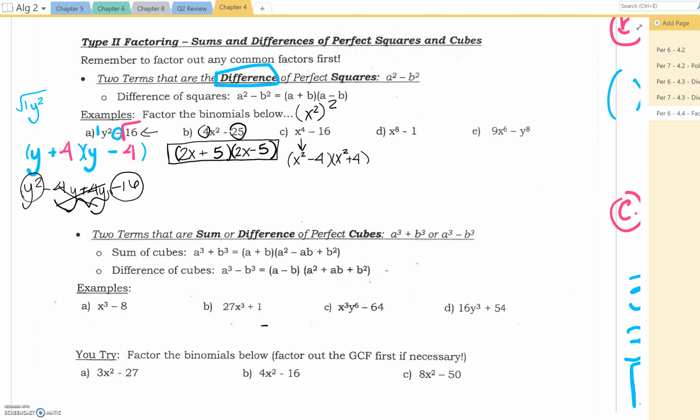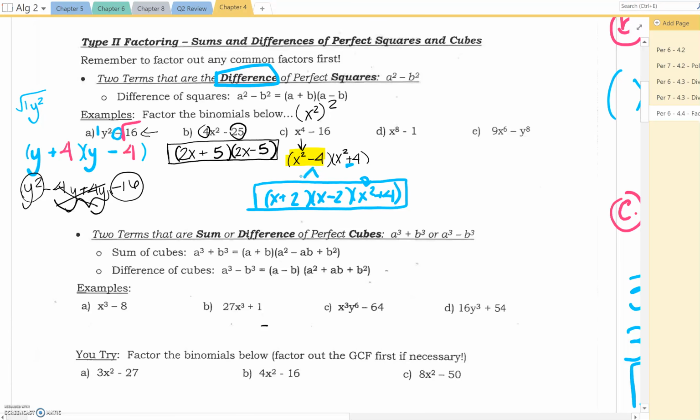But we're not done because x squared and 4 are also perfect squares. So I now have to factor this into x times x. The square root of 4 is 2. You have opposite signs. This is not a difference of squares. So even though you think you can break it apart, you cannot. So this would be your final answer.